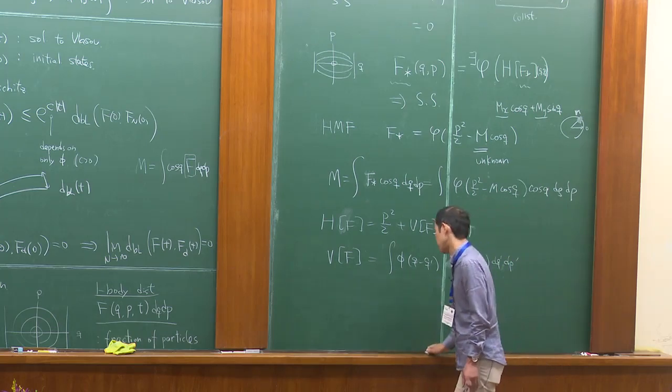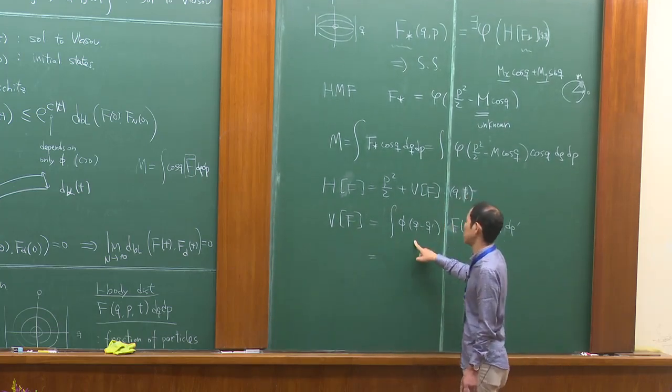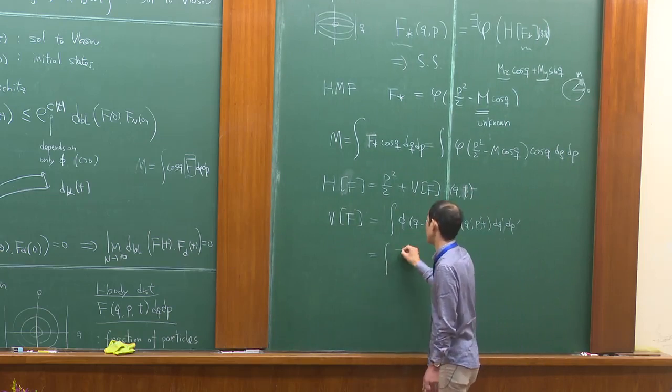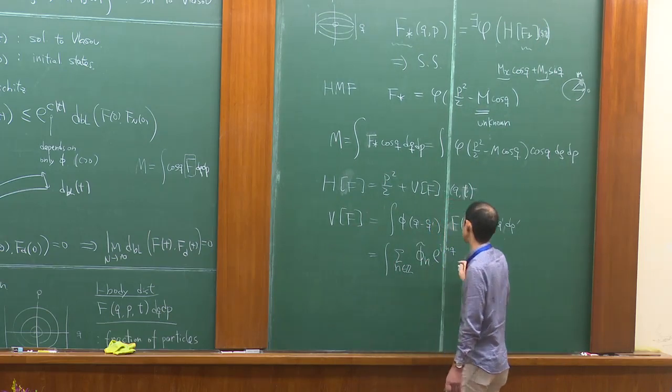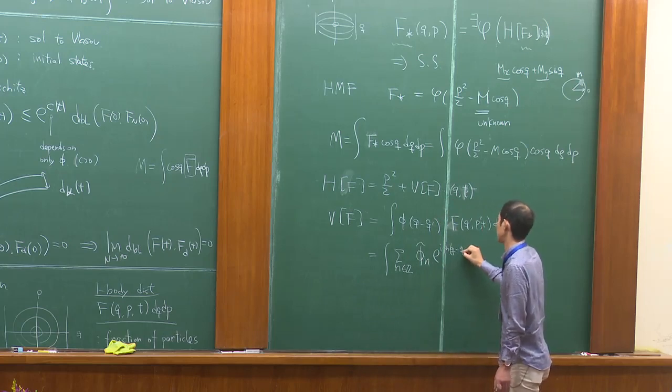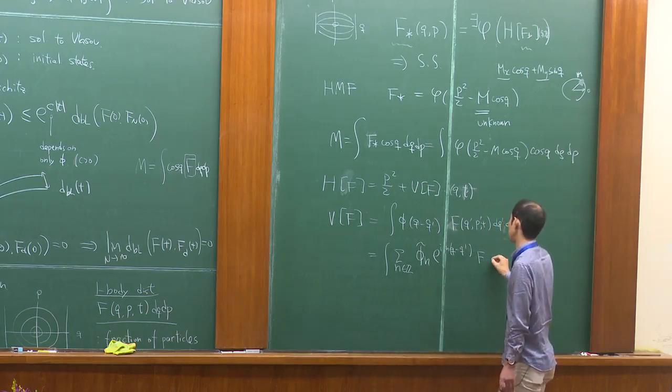This is a periodic function, so I have the Fourier series expansion: phi and exponential i n q minus q prime, and f, the same thing.